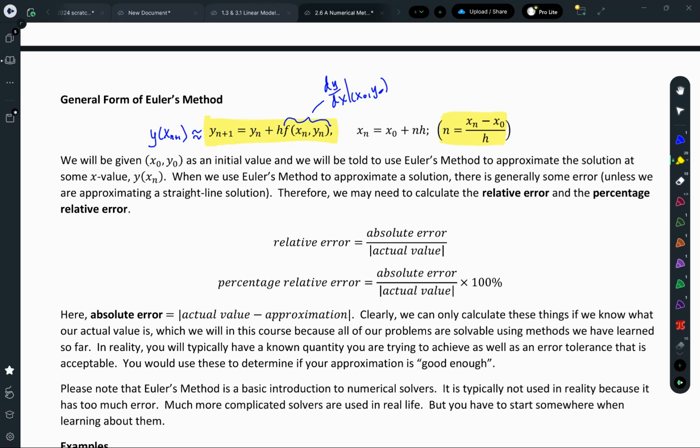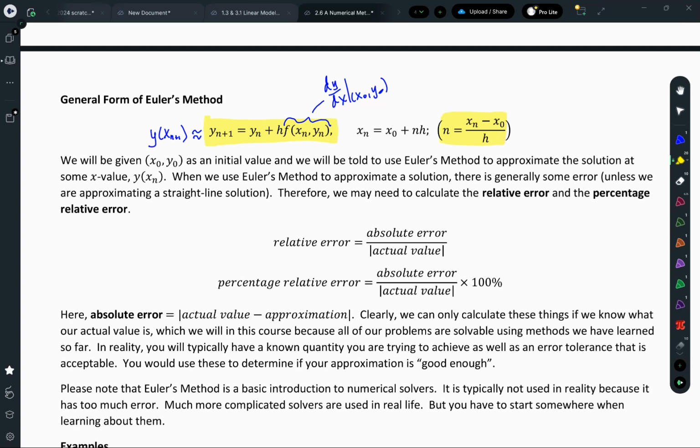We will be given x naught and y naught always, and we will be told to use Euler's method to approximate the solution at some x value, okay? And when we use Euler's method to approximate a solution, we saw in the previous slide that there's some error that shows up.